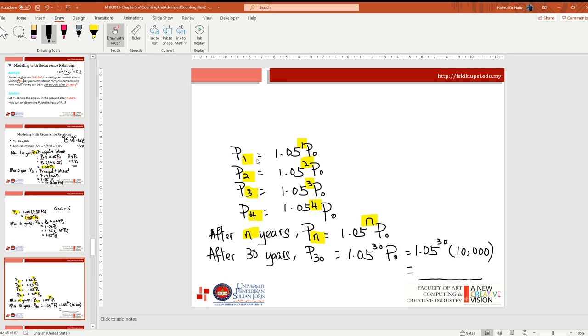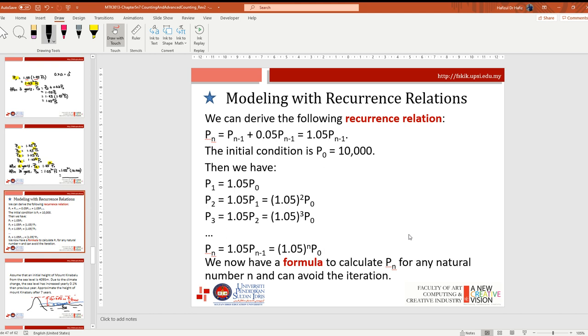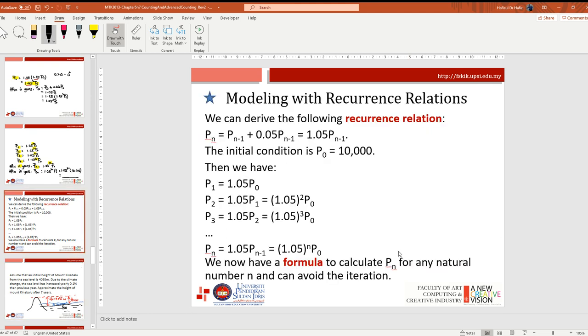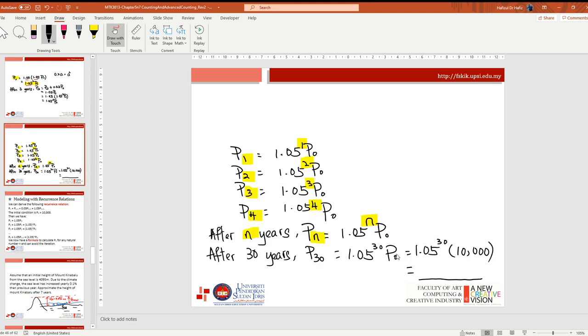So we can see this one is the pattern recurrence relation. We have 1, 2, 3, 4. After 30 years, we can have P30 is equivalent to 1.05 power of 30 times P0, is equivalent to berapa ni? Okay, kita akan dapat, apa?